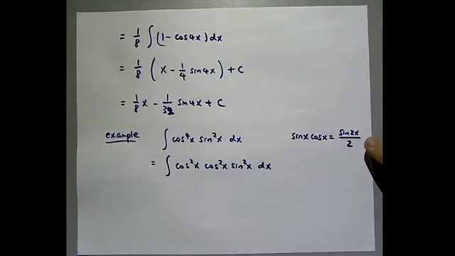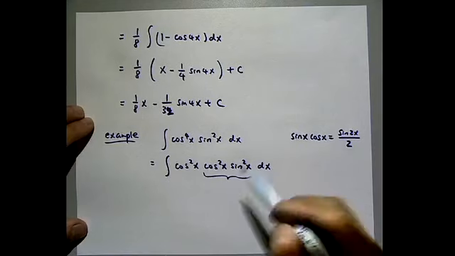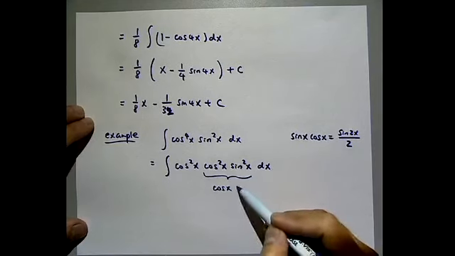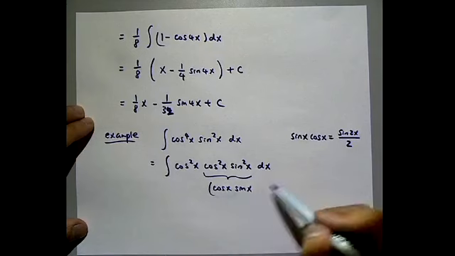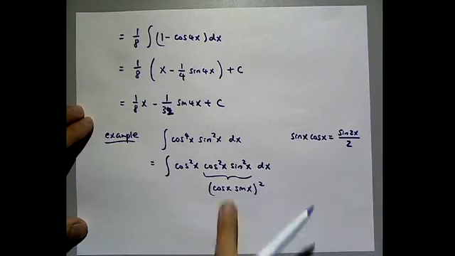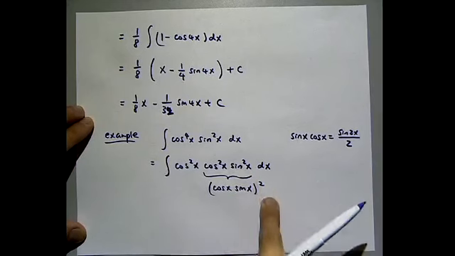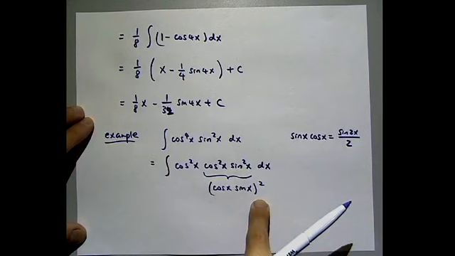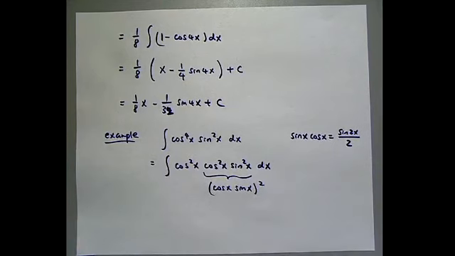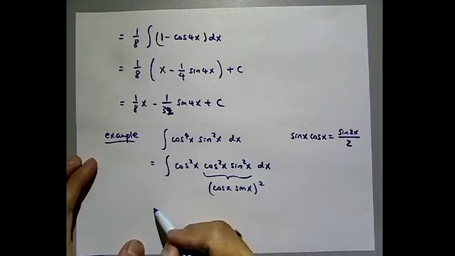So that's the identity I'm going to use for this one right here. Think of it as cosine squared of x, sine squared of x, the whole thing squared. So this guy in the middle gets replaced, turns into that, and then we square that. All right, let's see what we get.